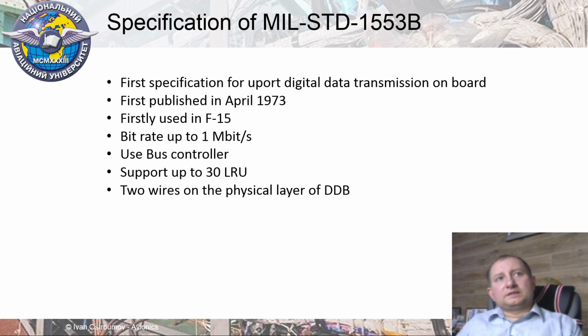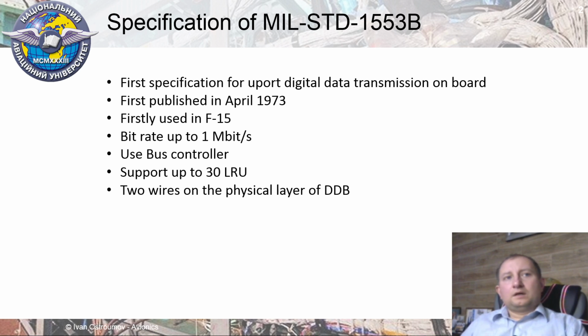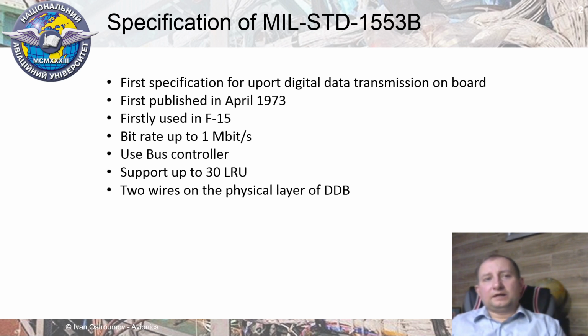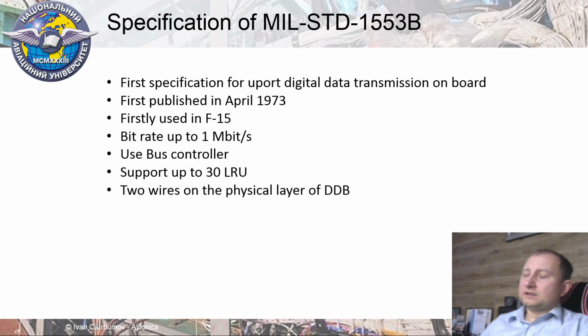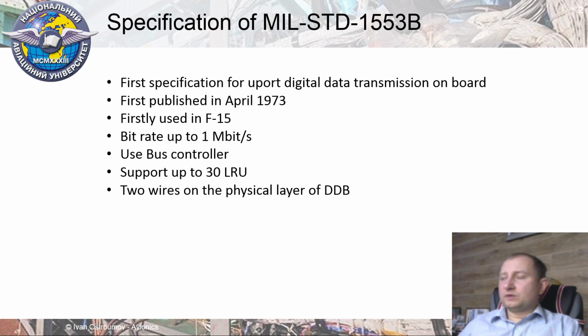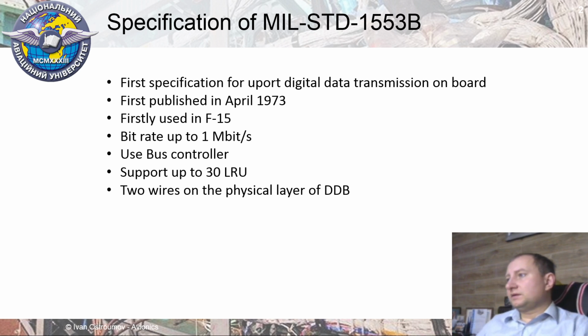However, MIL-STD has to use specific equipment called a bus controller to organize network operation. It supports up to 30 line replaceable units in one network and uses the same physical level as ARINC 429. It means two twisted paired wires.